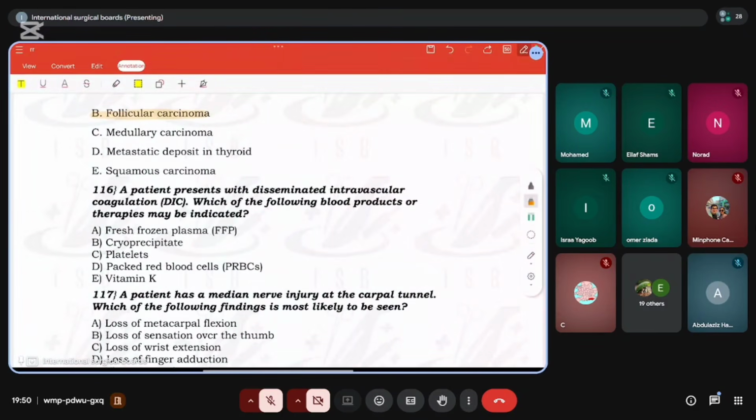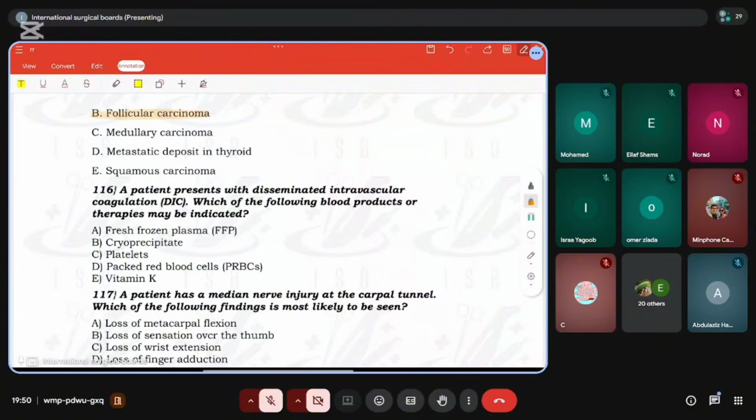Yeah. Okay. So DIC, disseminated intravascular coagulation. Horrible condition. It's a consumptive coagulopathy, right? In which there is widespread activation of the coagulation cascade with consumption of platelets and almost all the coagulation factors.